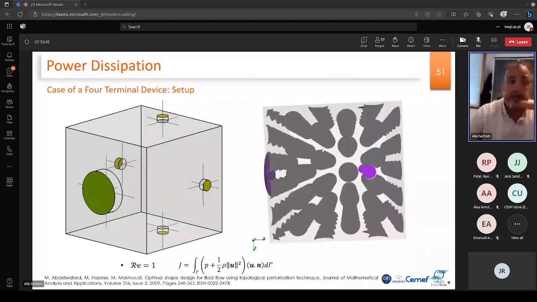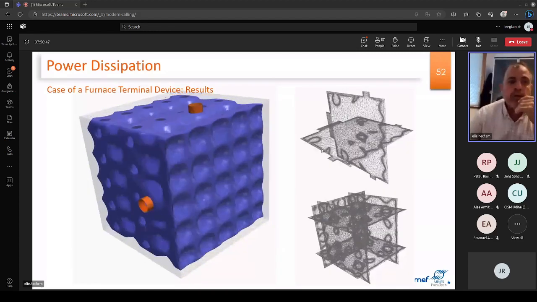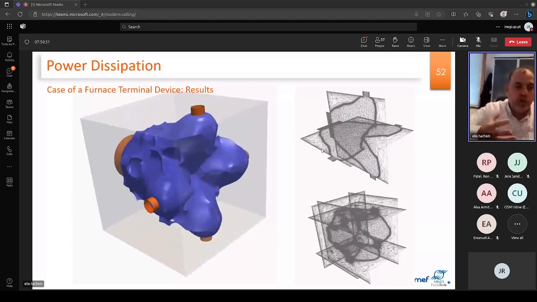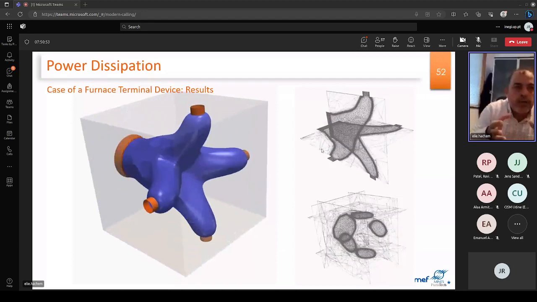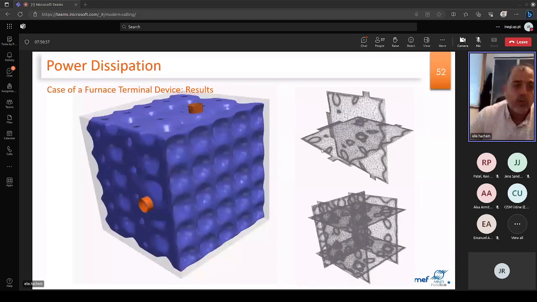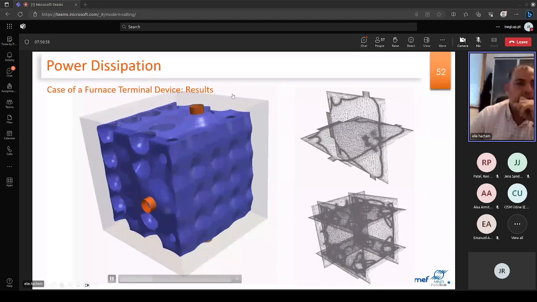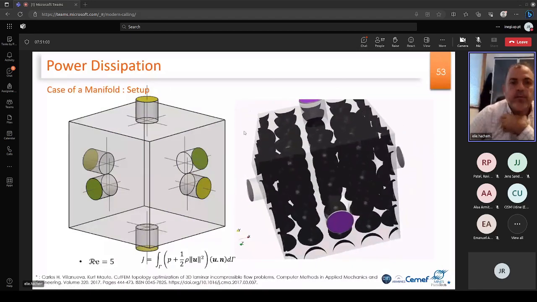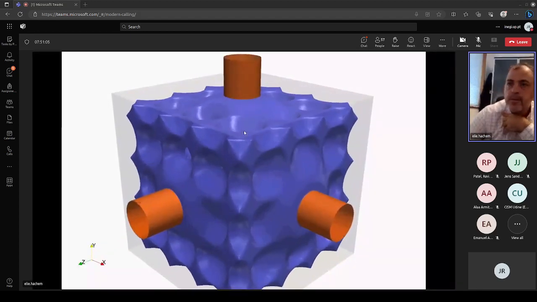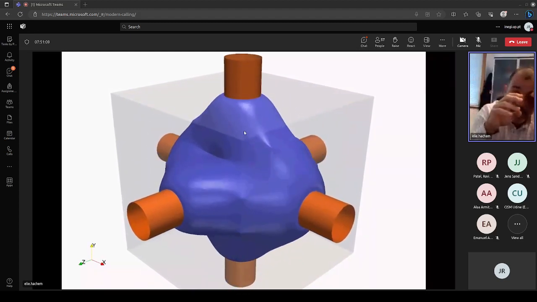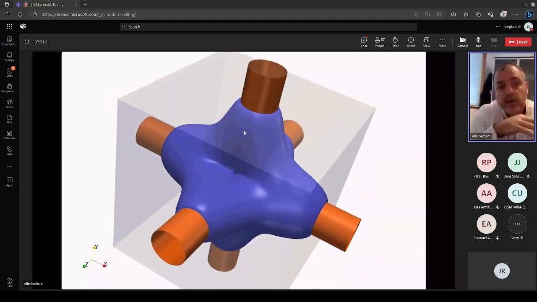Now if you go to 3D and increase the complexity with one inlet and different outlets, you can see a certain form that minimizes all the displacement to seek the outside, respecting the volume constraint. And we tried another example, which is symmetrical, and we found something new in this case. Yes, it is symmetric.